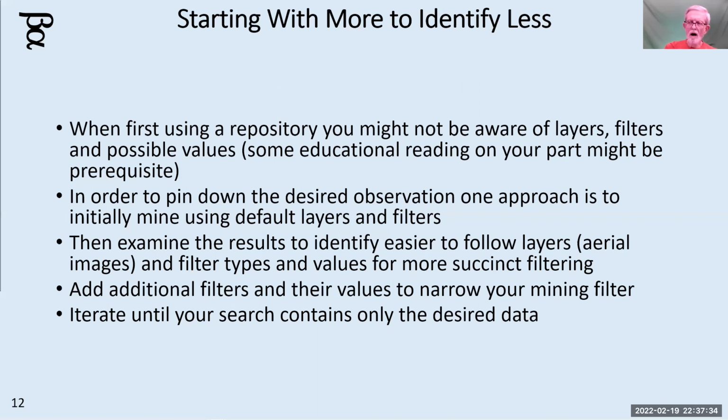But then you go, okay, turn on satellite imaging because I want to look for a thing on the ground. So you start with more data, looking at it with less detail, and then as you narrow down your view, you start turning on more filtering to get something more succinct, and just keep iterating that until you find what you're looking for.